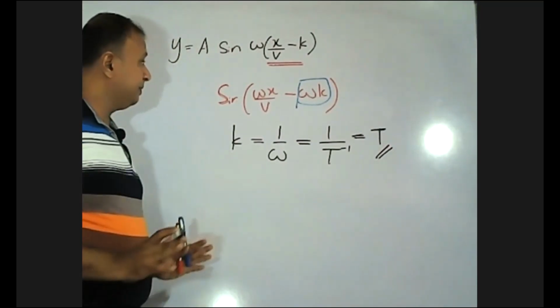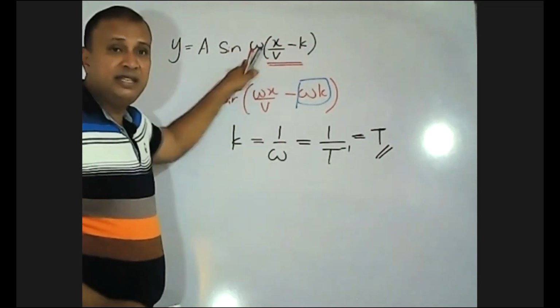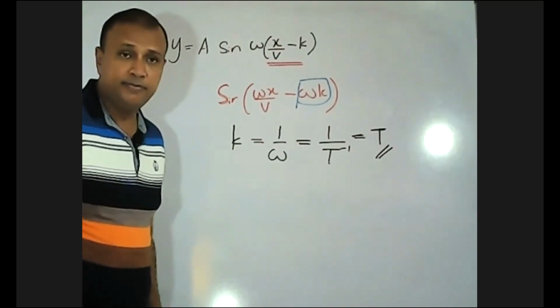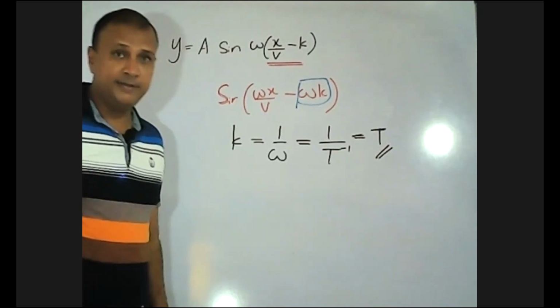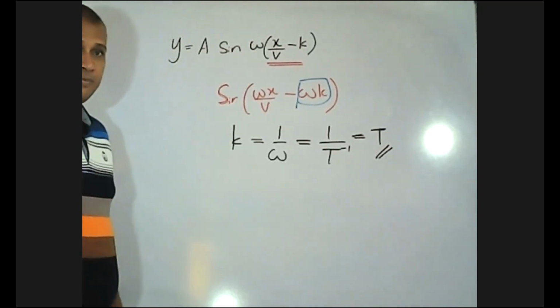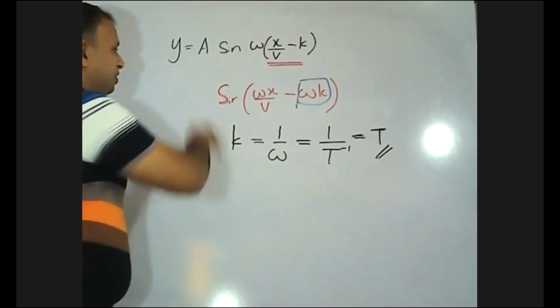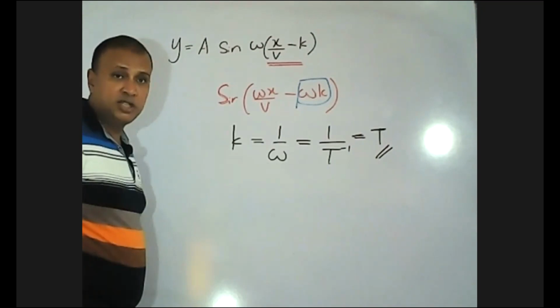There's another method. Without expanding this thing, I can do the question. In the first method, I had to expand this to a product.